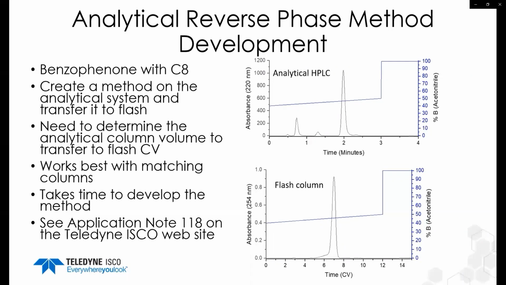You should determine the column volume of the analytical column and transfer the gradient method in CV to your flash column, as described in Application Note 118 on the Teledyne ISCO website. This works best with matching columns, as will be demonstrated later. Teledyne ISCO analytical columns have the same selectivity as Teledyne ISCO preparative and flash columns and allow the best method development and best method transfer.